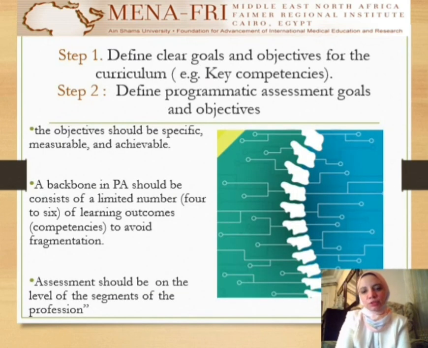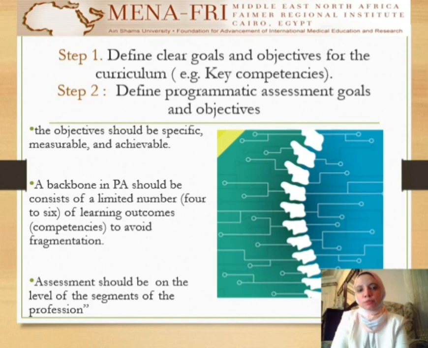Like we had determined the goals of our curricula on a key competencies basis, maybe on a problem based, maybe on a theme based, like that of emergency and family medicine and so on. Whatever the objectives of your curriculum or your course are, we have to define them clearly. This is the first step.